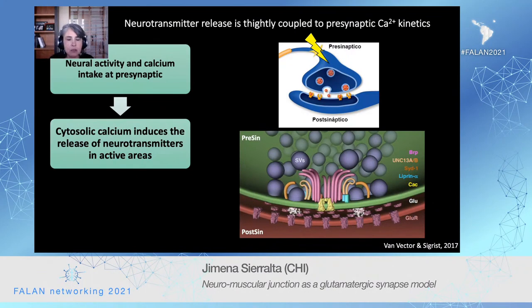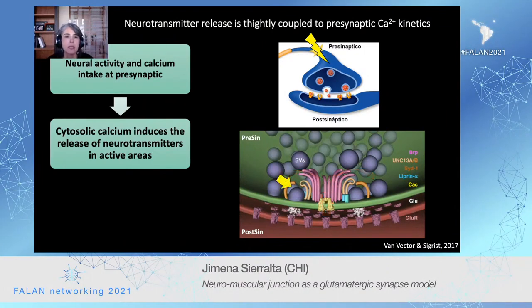So the release of the neurotransmitters activates receptors on the postsynaptic side that in turn will open channels that will induce a depolarization in the postsynaptic cell.